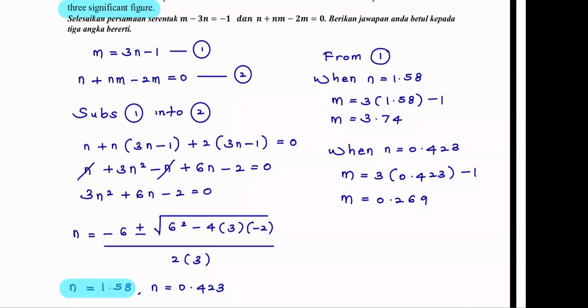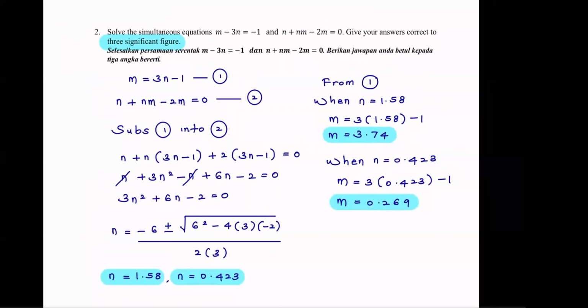So first answer done. Second answer done. I just want to focus on the important part: they ask for significant figure means careful and use formula. Okay, done. So I think enough for you here. So I want to go to next. Done. Okay, good. Thank you.